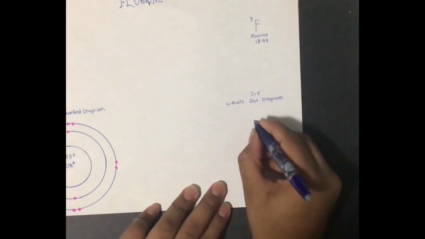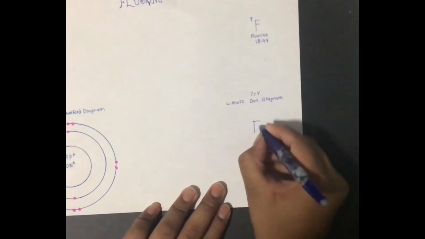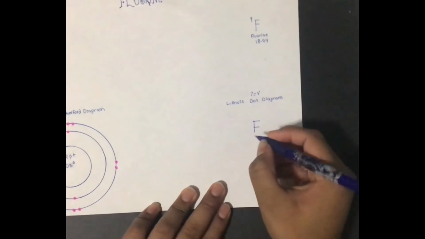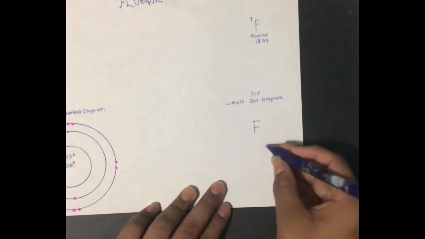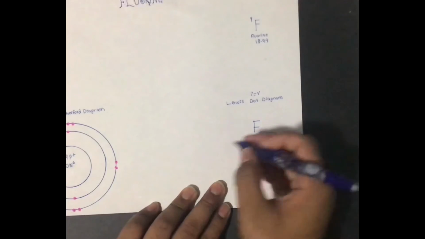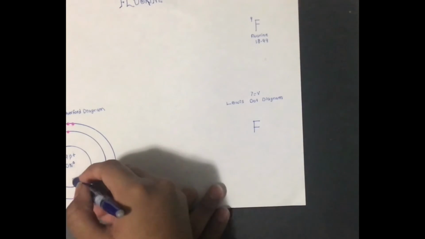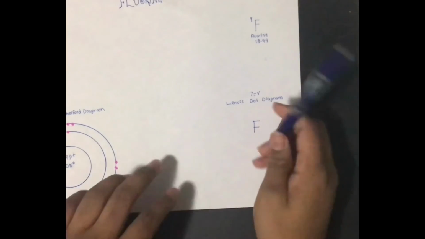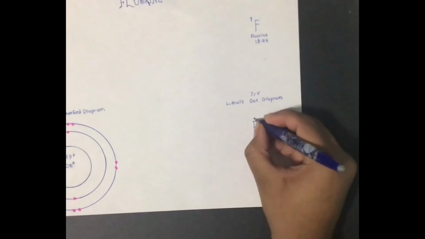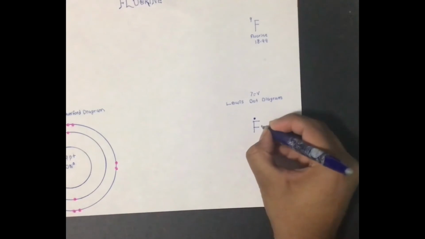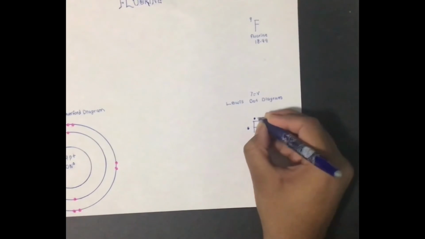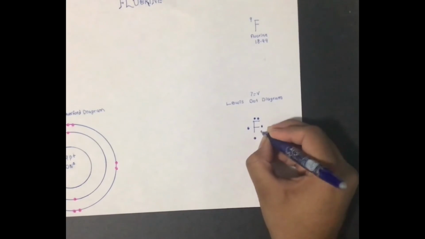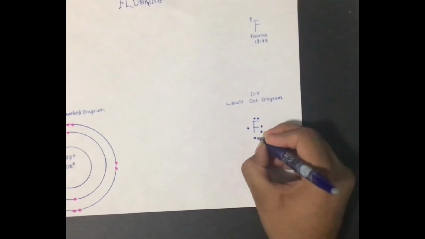So you write the element symbol, which is F. Then we plot the valence clockwise, similarly to the Bohr-Rutherford diagram. So 1, 2, 3, 4, 5, 6, and 7.